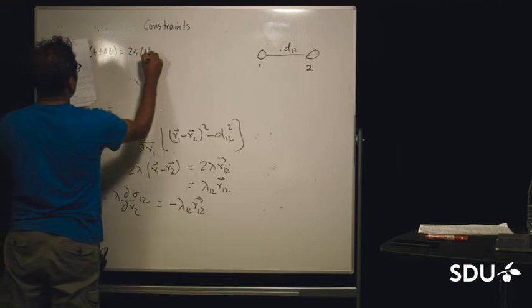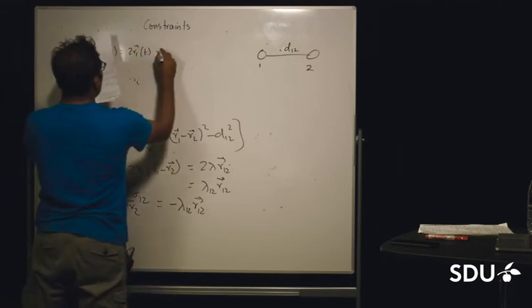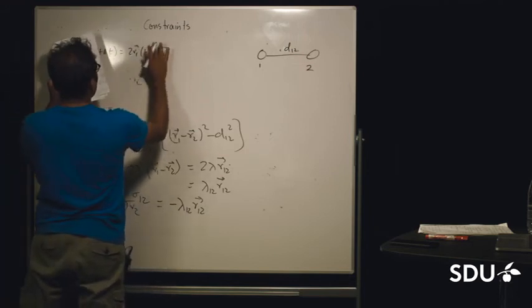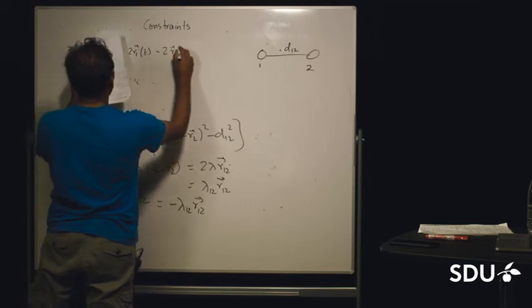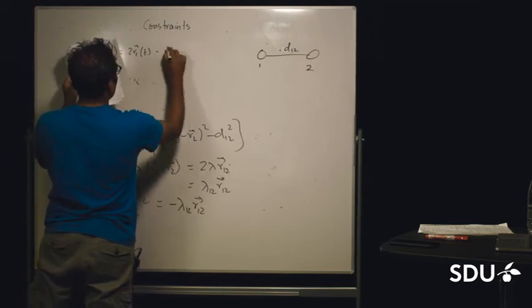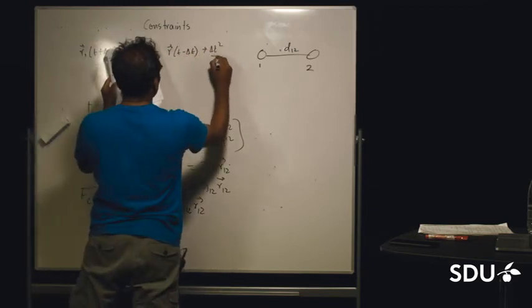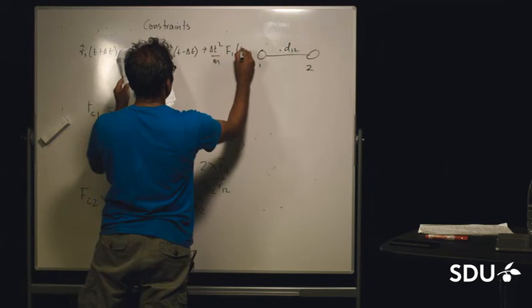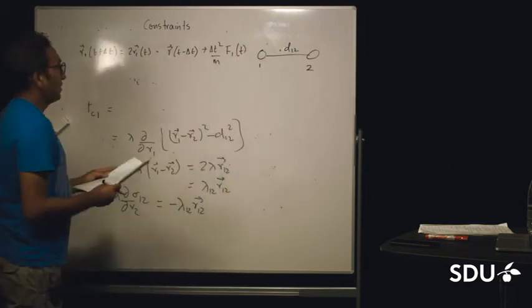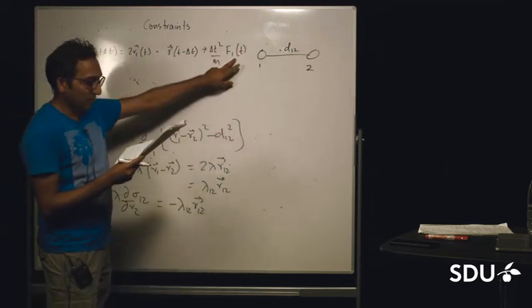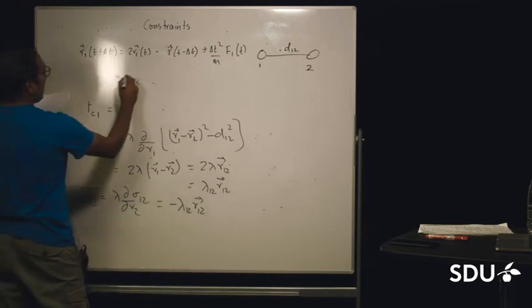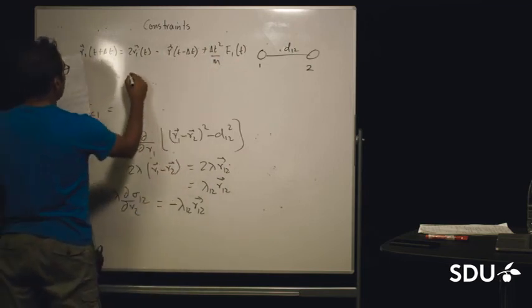This you have seen several times before. It is 2 r1(t) minus r1(t minus delta t) plus the square of the time step divided by the mass multiplied by all the forces that particle 1 is feeling. And these forces must now include the constraint force.